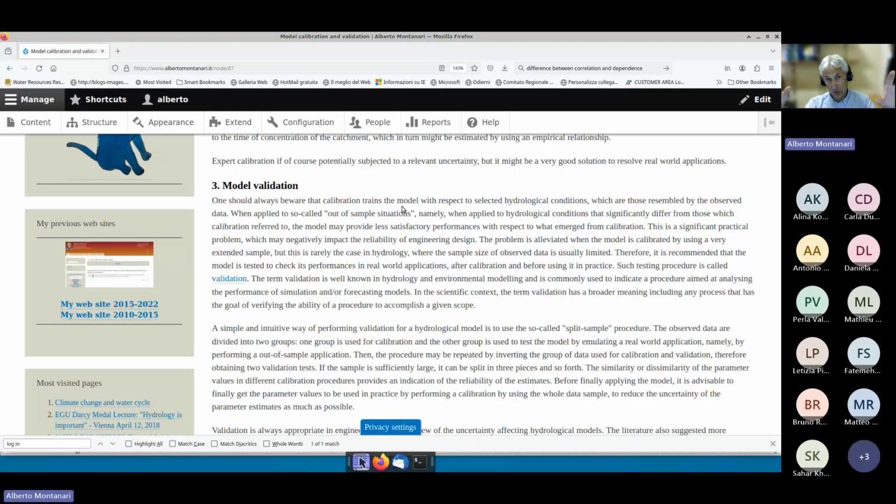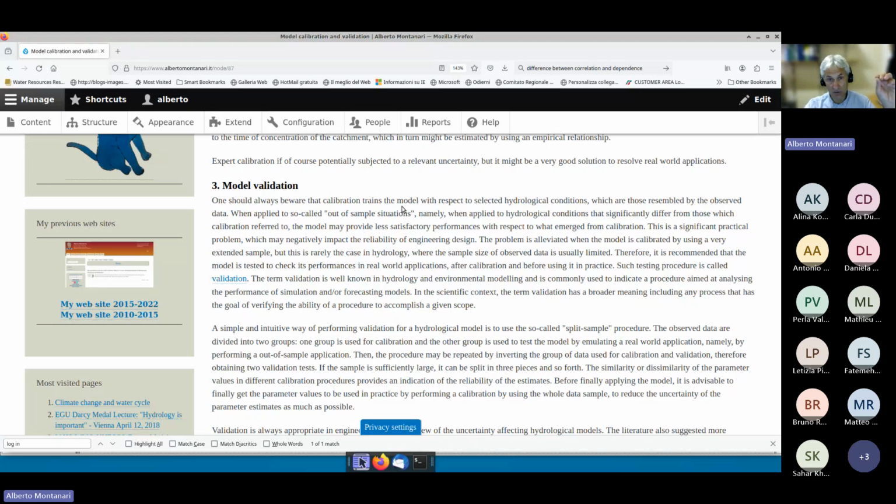As a result, validation aims to test the model in a situation that is similar to the application, so aims to test the model with respect to a situation that was not used for model training. For this reason, it is also called out-of-sample application. So you may read the sentence, model validation has been performed with an out-of-sample application. What does it mean, out-of-sample?